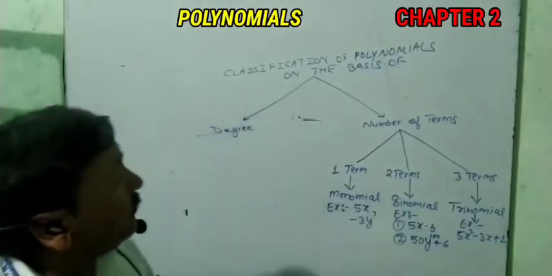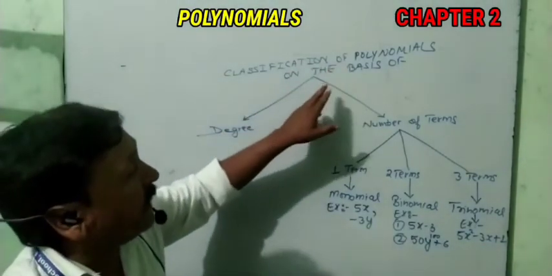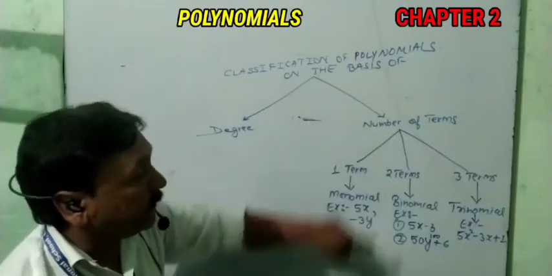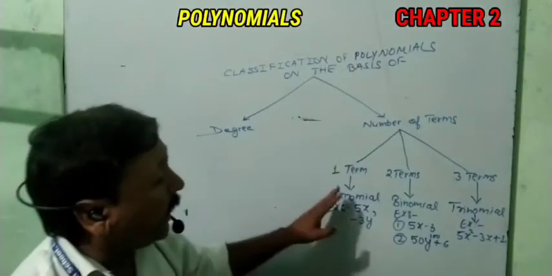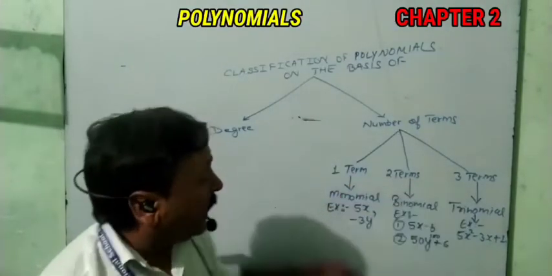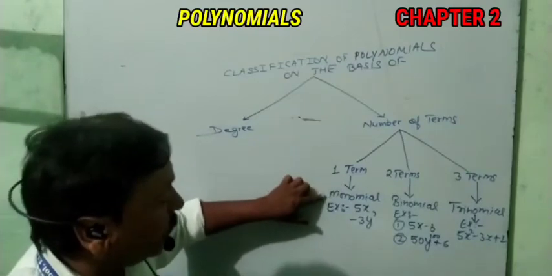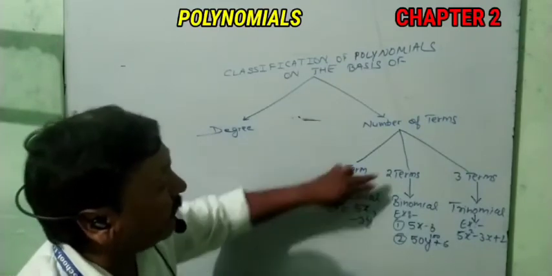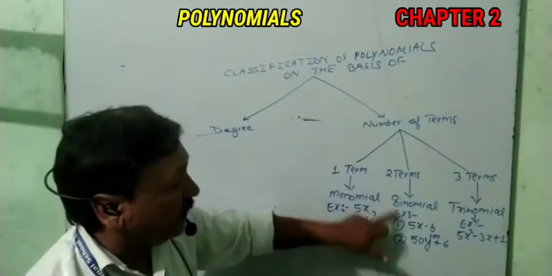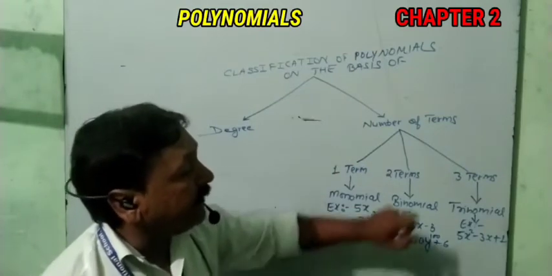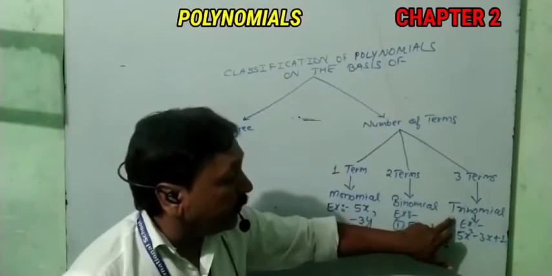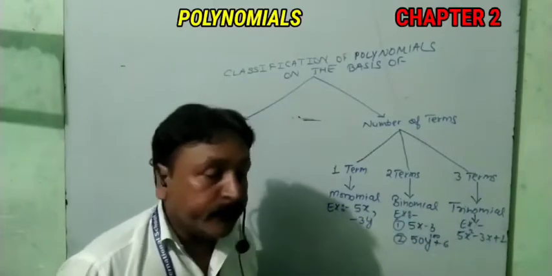So we can say that polynomials are classified on the basis of number of terms into three categories. If having one term, they are said monomial. This is our example. Having two terms, they are said binomial. This is our example. And having three terms, then they are said trinomial. 1, 2, 3 terms.